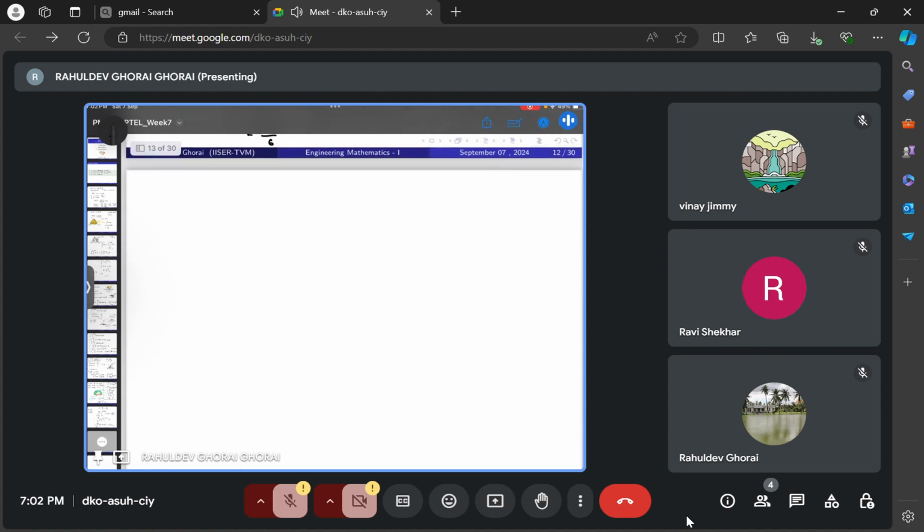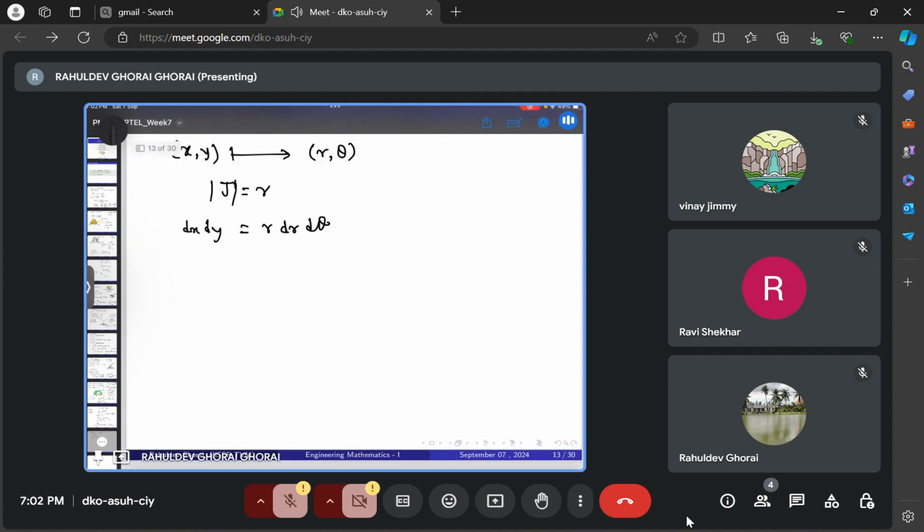So you have seen that when we change from xy to r theta, our Jacobian was r, so that's why dx dy was r dr d theta. Now let's say x equals r cos theta, y equals r sin theta.